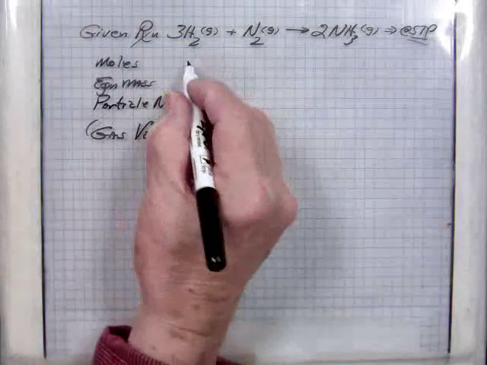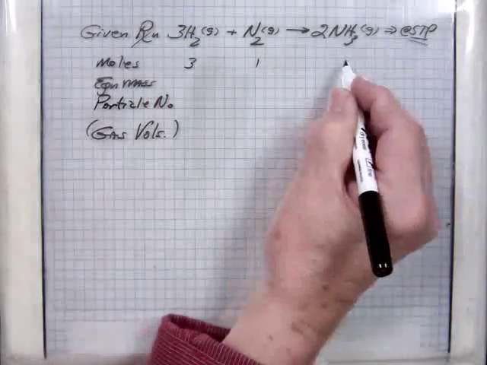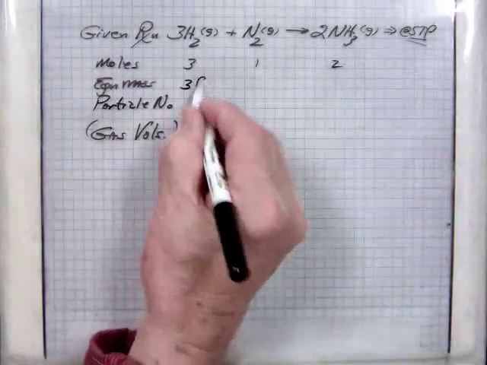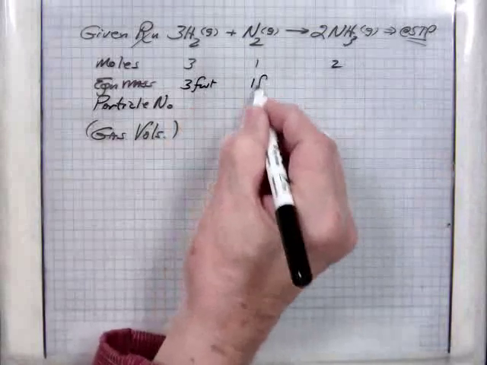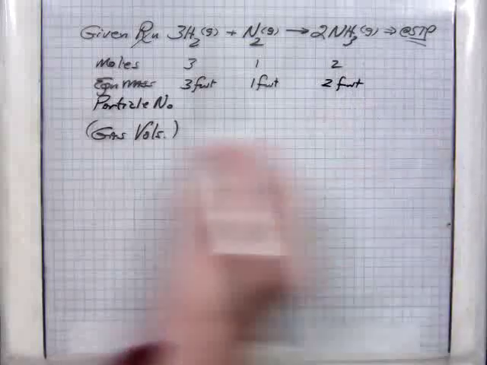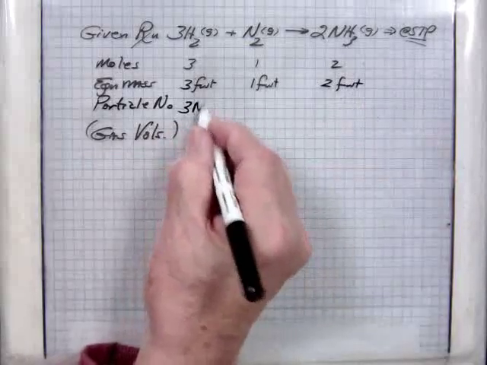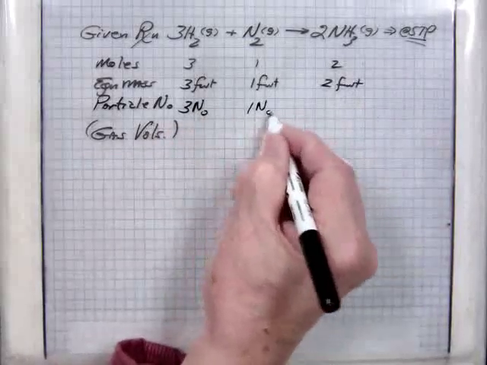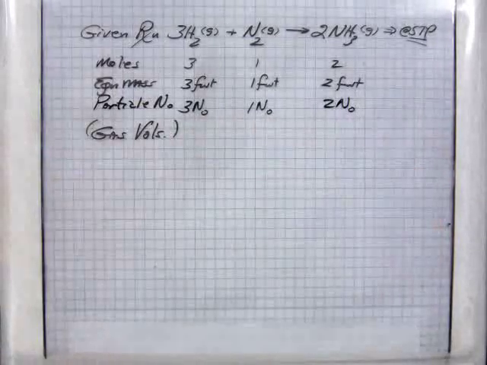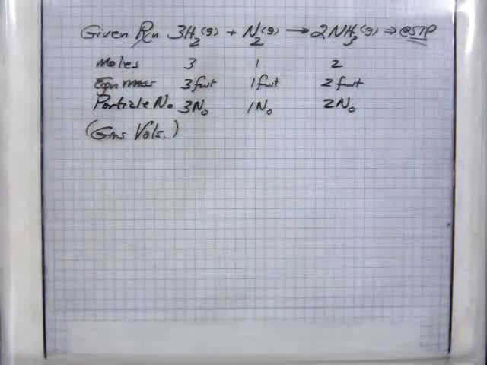Well, we remember this is 3 moles, 1 mole, 2 moles, right? And in equations, this is 3 formula weights, 1 formula weight, and 2 formula weights. And then particle numbers is 3 Avogadro's number, 1 Avogadro's number, and 2 Avogadro's. This is what we covered in the last chapter. Everybody good on this? All right.